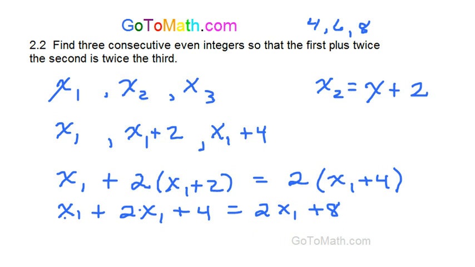Now let's collect up our like terms. We get 3x1 plus 4 is equal to 2x1 plus 8.